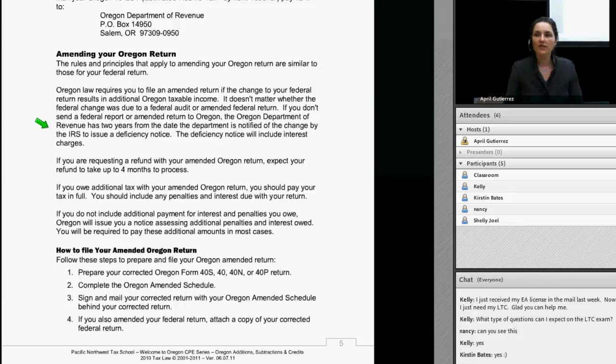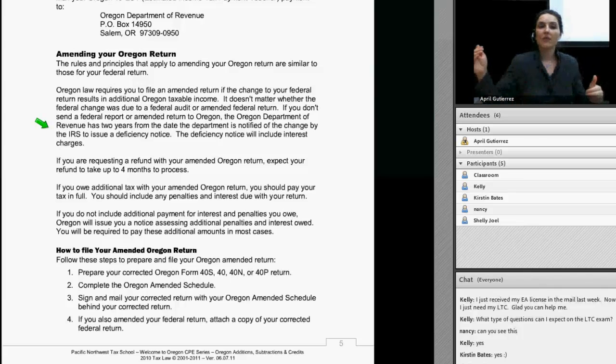So what this is saying is if you go through a federal audit or you file an amended return with the federal government that changes your taxable income, the IRS tells Oregon about it. The timeline for when IRS tells Oregon about it could be a few months to a year. Not really sure how that system works, but it does eventually happen.